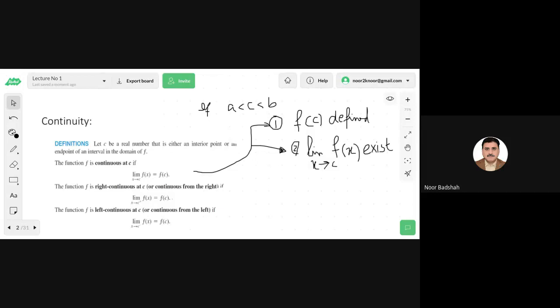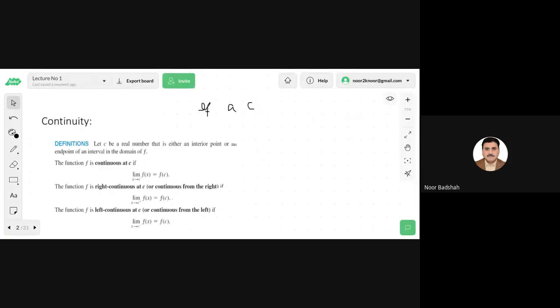Second case, if C is the left end of the interval, if C is equal to A. Sometimes we check left hand continuity as well, then we call it one-sided continuity.